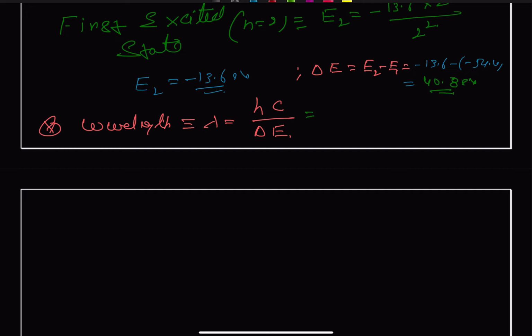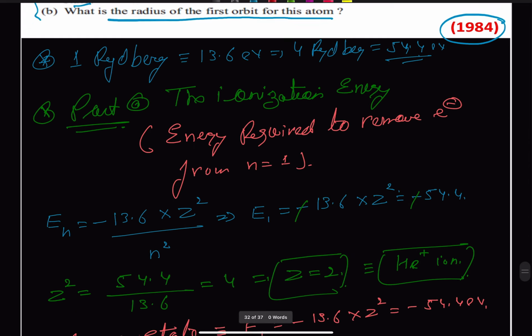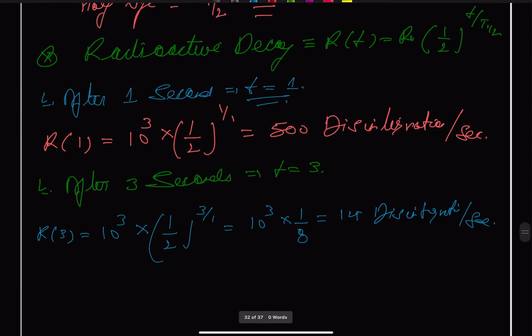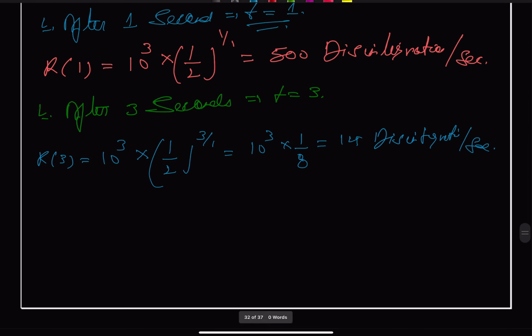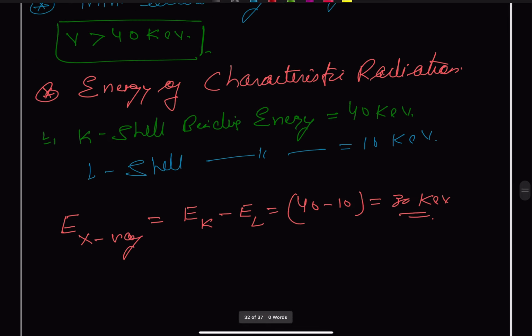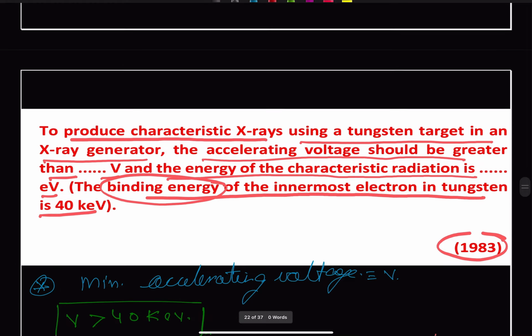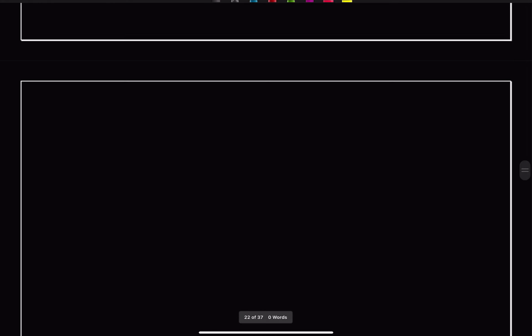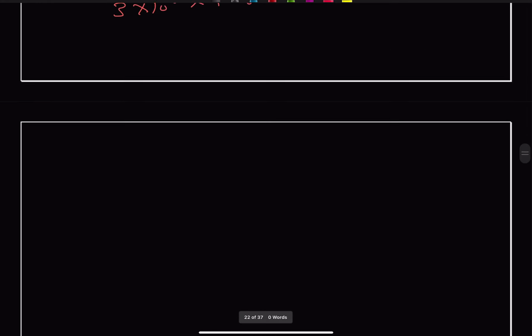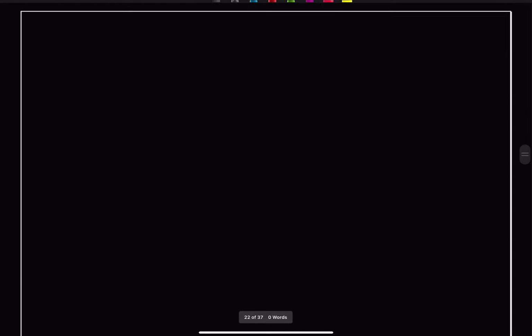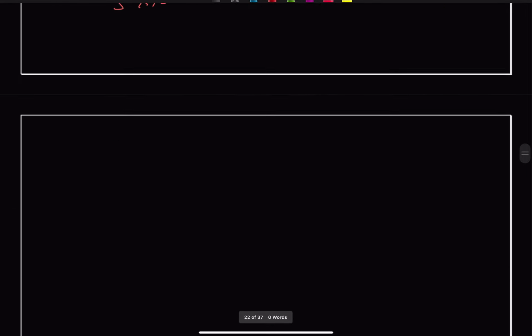So this gives us lambda, where h is 6.6 into 10 to the power minus 34.